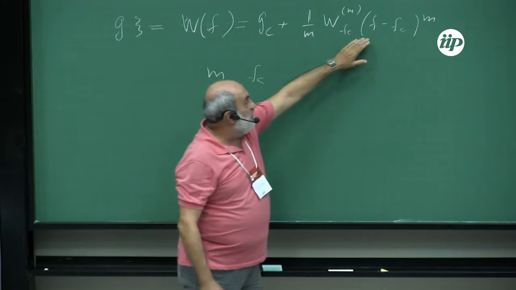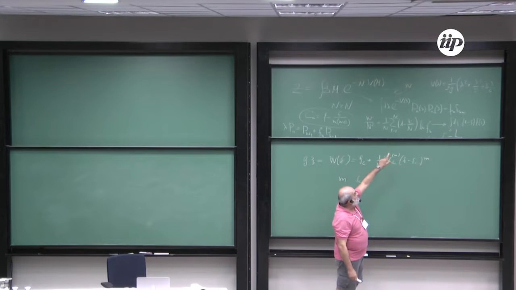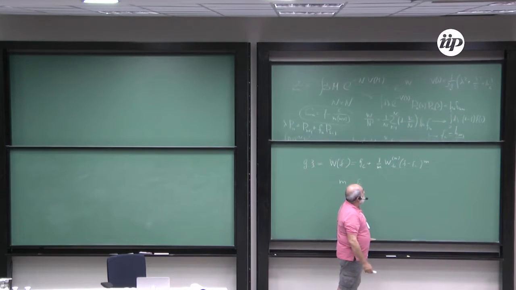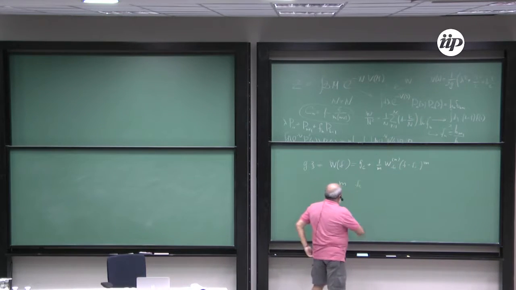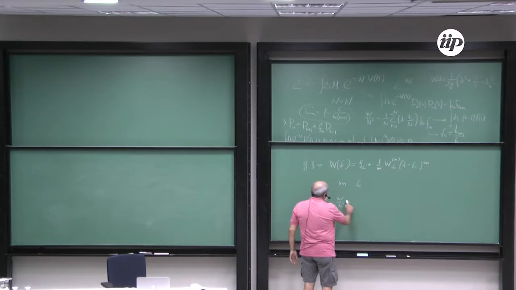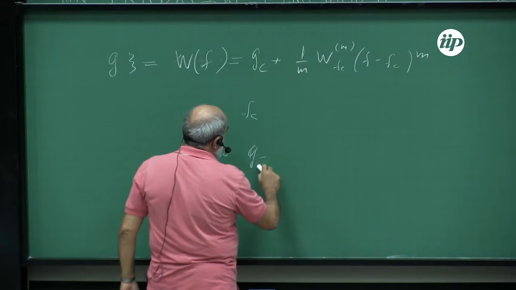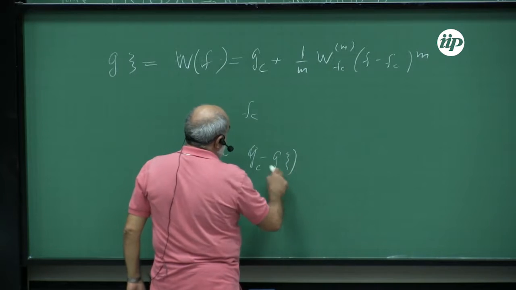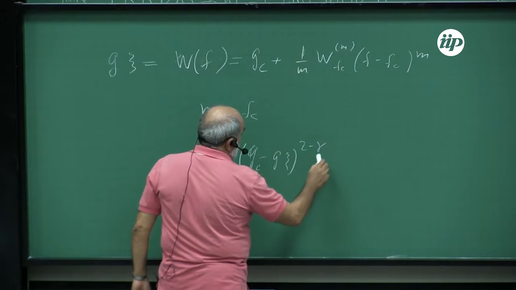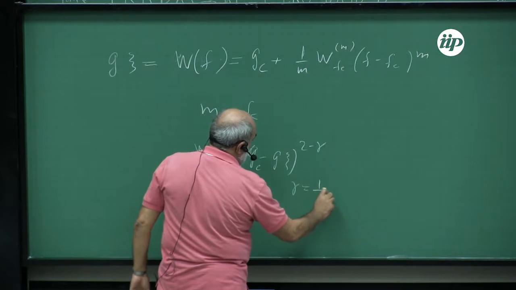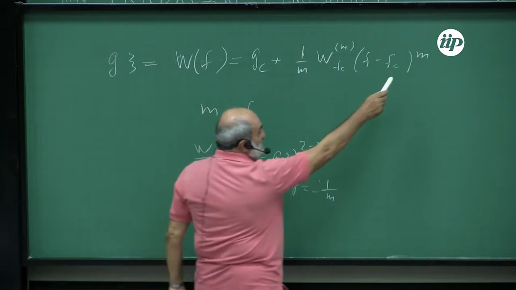From here you can get some singular behavior for F, plug in the expression over there for W, and you will get that W over N squared behaves like (g minus g_c) to the power 2 minus gamma, where gamma is equal to 1 minus 1 over m. This m is exactly the same.